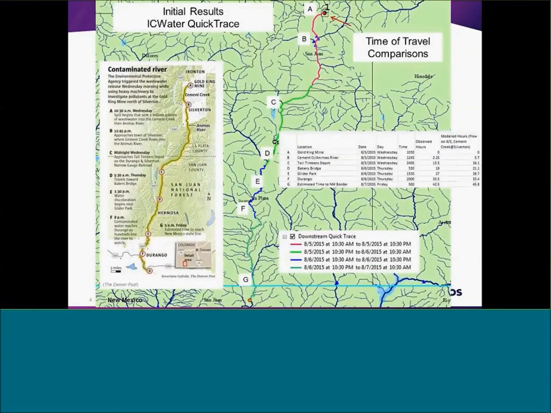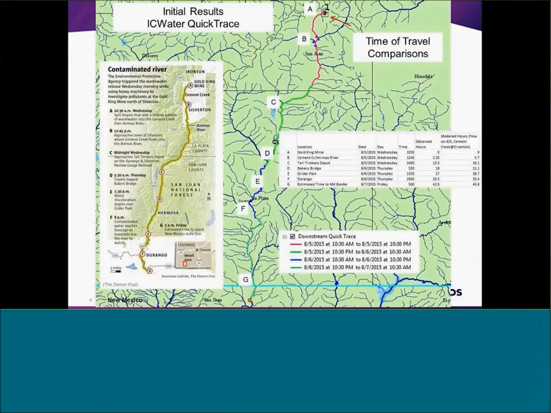We did some comparisons between the modeling results and some observations that were reported. This was a report that was published in the Denver Post on the time of travel of the spill at a number of different locations downstream. We superimposed those locations on the icy water map and compared the forecast time of arrival with the observations.